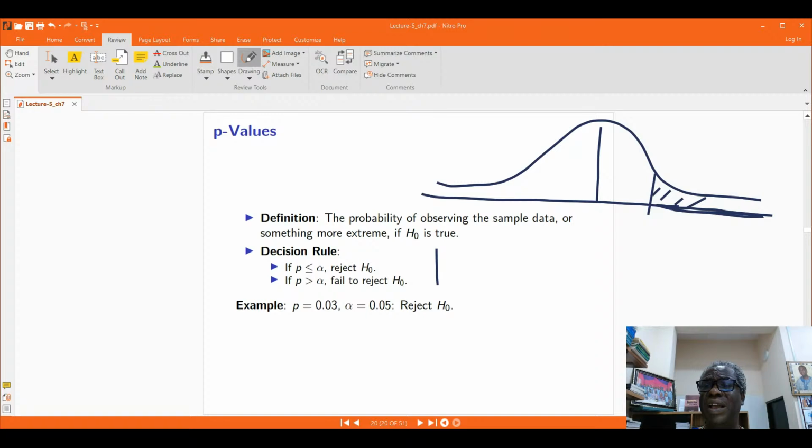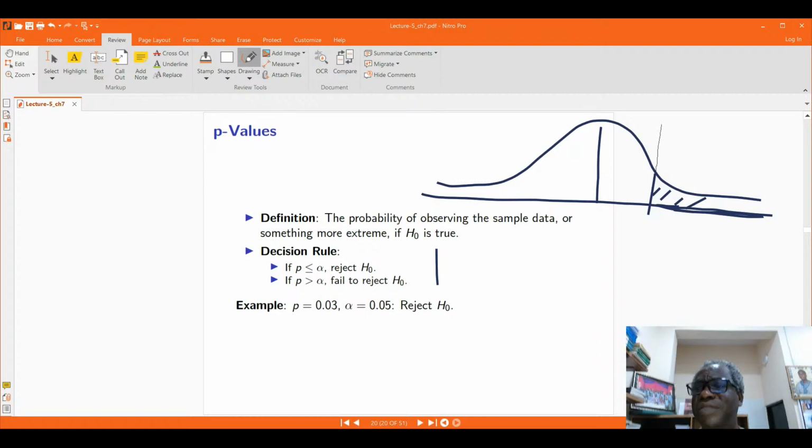We will fail to reject the null if the value we are observing falls into this unshaded side. But if the value falls into this part, then we will reject.